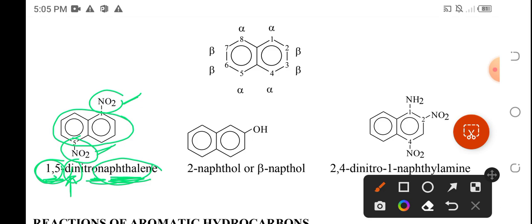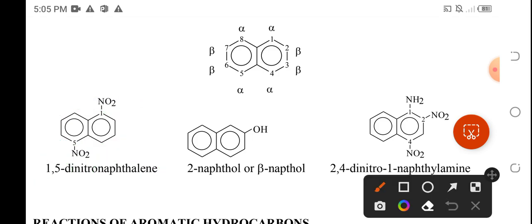Okay, second one, we have 2-naphthol or beta-naphthol. Paano naging naphthol? The parent chain is a naphthalene, but because of the hydroxyl, okay, hindi pa natin na-discuss yung alcohol, pero pasadahan na lang din natin. If the organic compound has OH, of course, this will fall under alcohol, and they all end with -ol.